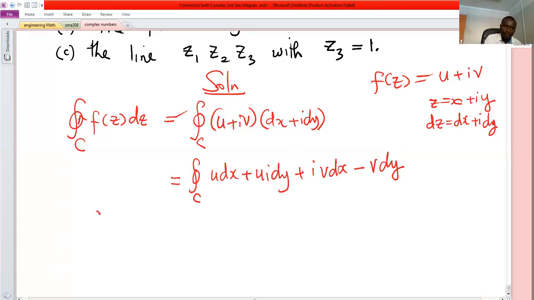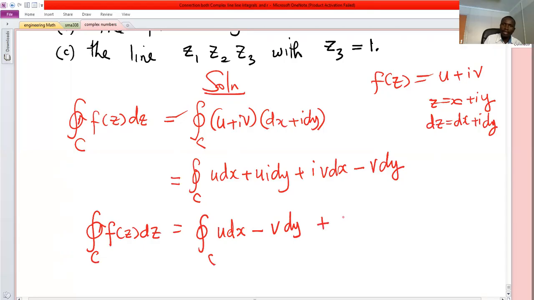So when you rearrange these terms so that we have real parts and imaginary parts separated, we'll have the integral of (u dx − v dy) + i (v dx + u dy).